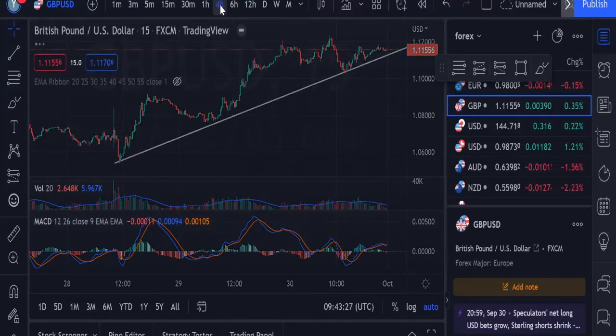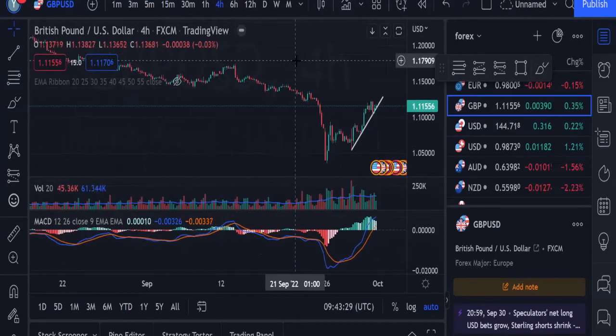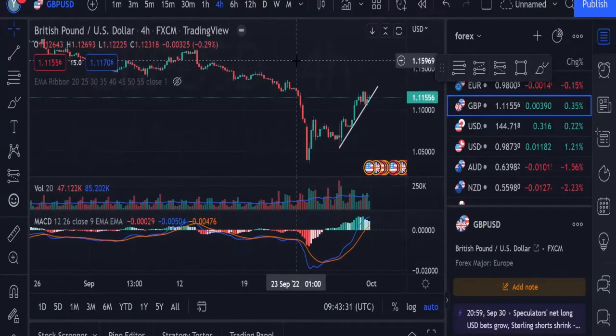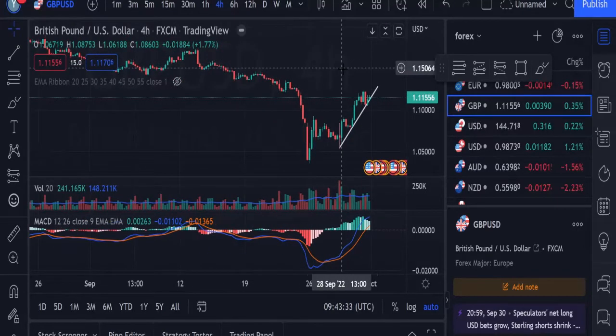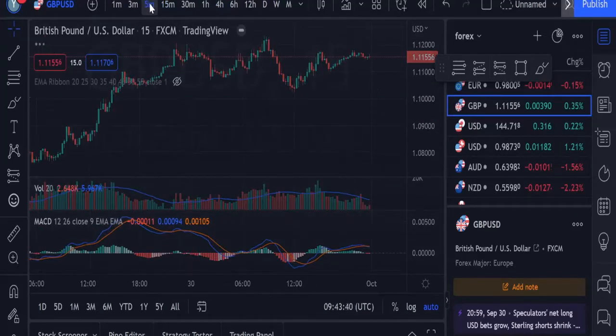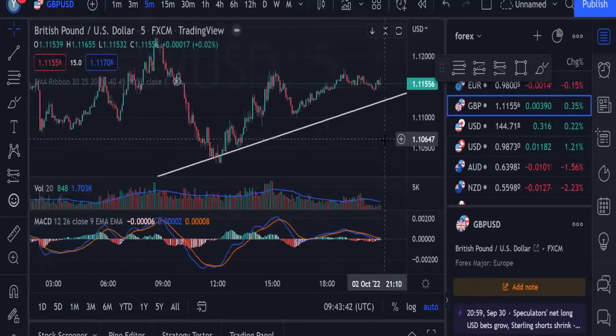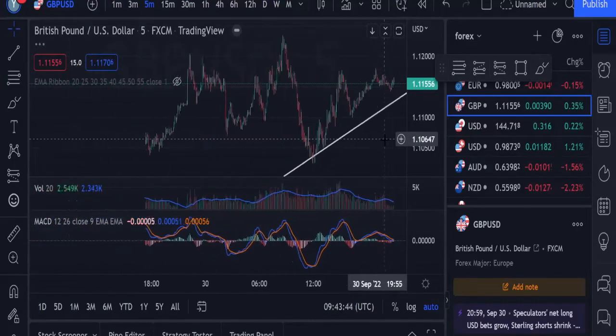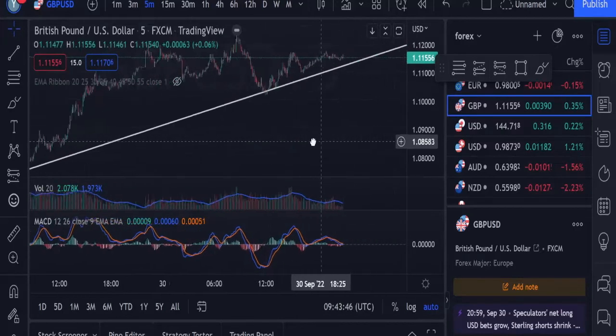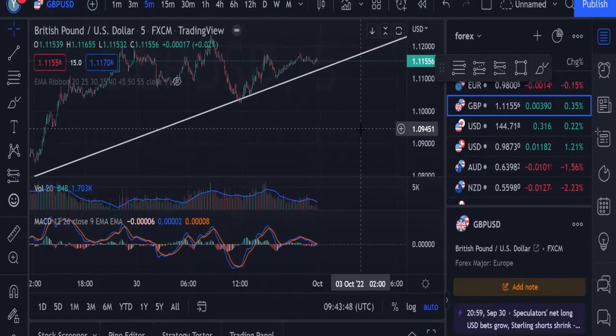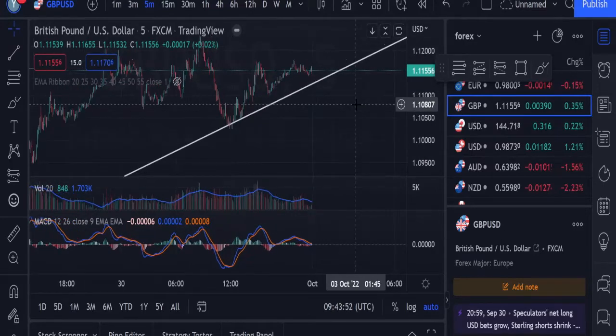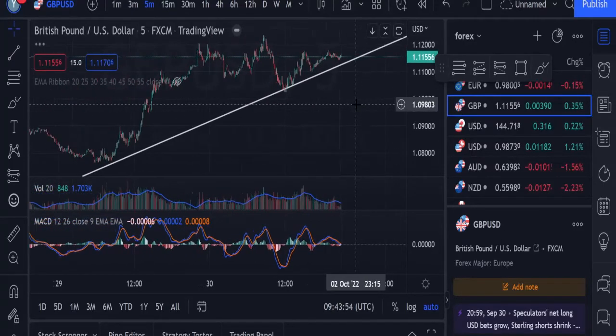I think on the 4 hour chart, let's check the 4 hour chart. Okay, go back to the 5 minutes chart. What am I seeing? Nothing much really. Nothing much.